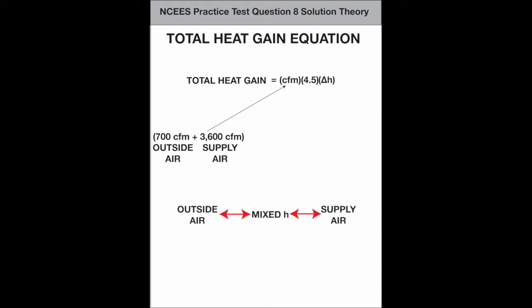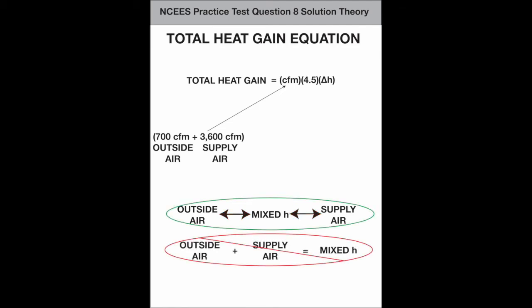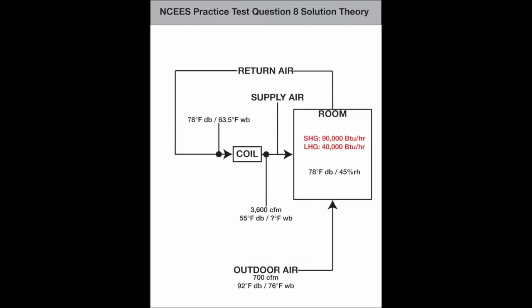But that means the enthalpy must be between these values, not the sum of these values. Total combined heat gain and total combined airflow means the mixing of streams creates an enthalpy somewhere in between the supply air and the outside air.